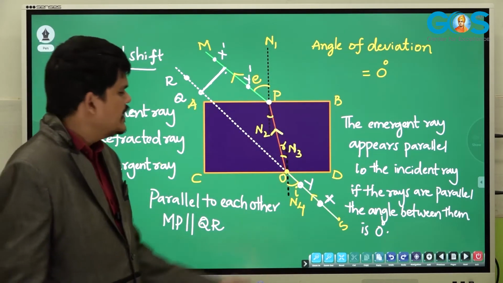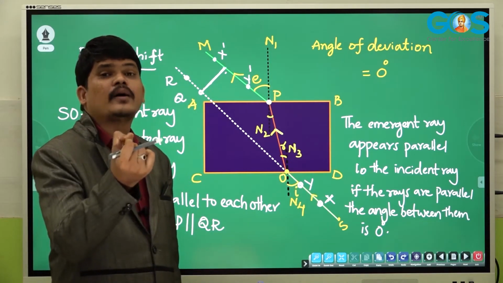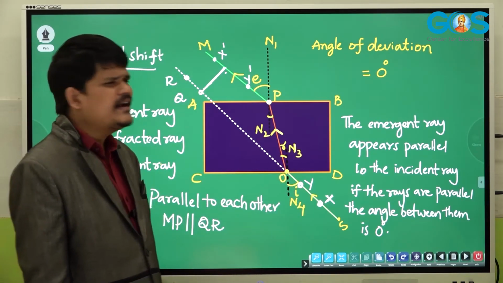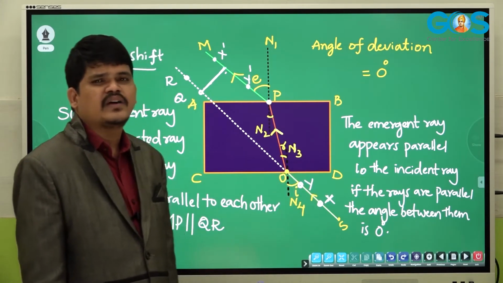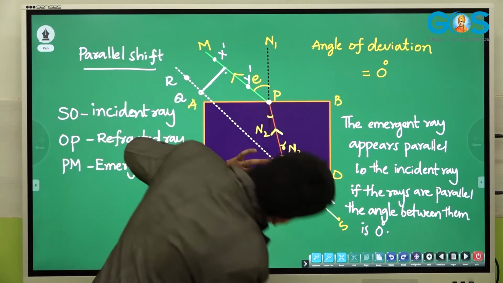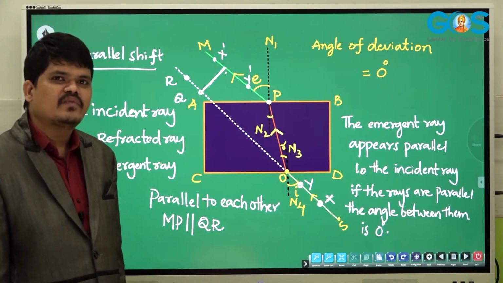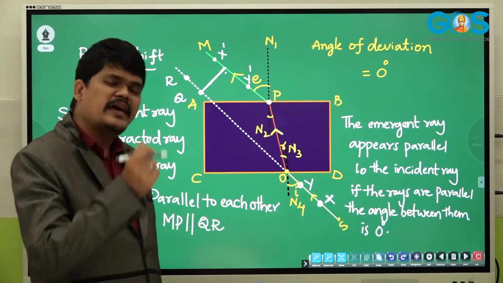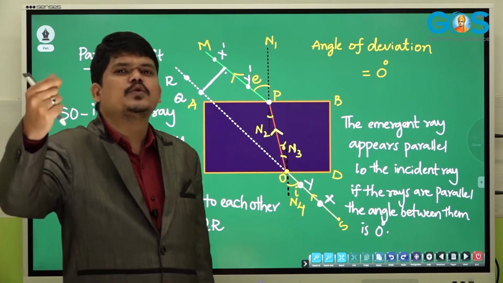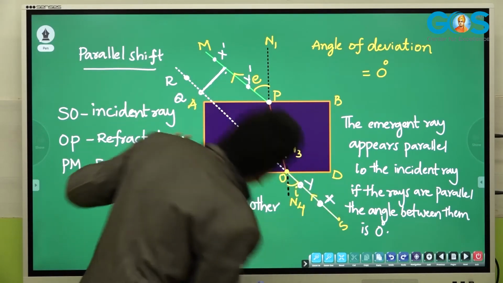For that purpose, you need to place two pins which have heads on the path of the incident ray. Name them; I have named them as X, Y as shown here. Now, see through the slab where you get the image positions of the two pins, X and Y. We need to place two more pins at the image positions by seeing through the slab only.